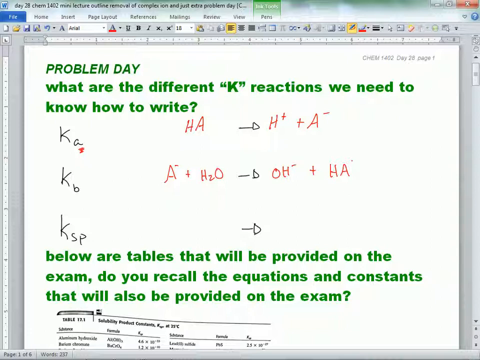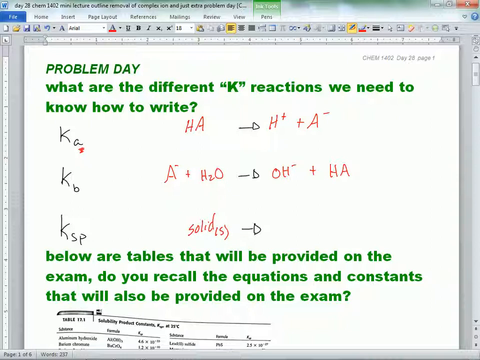Ksp, we don't have a reaction for it, just in general. What would you write on the reactant side? Always the solid. So I'm just going to write solid, little s. And it always goes to its, break up the solid into its aqueous.